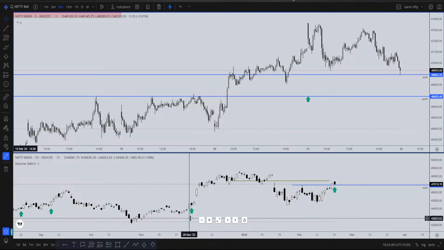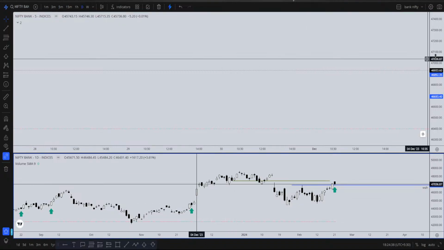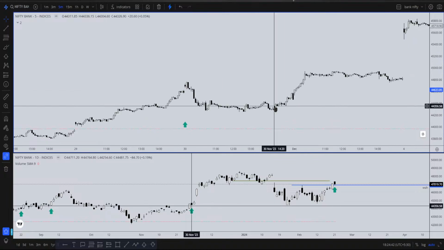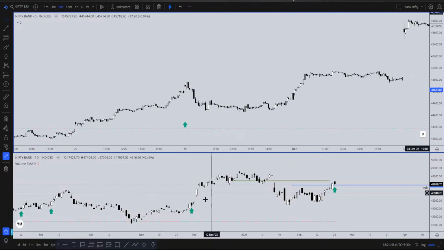So let's see where was this last time formed. So it has again getting formed, but the closing was strong.